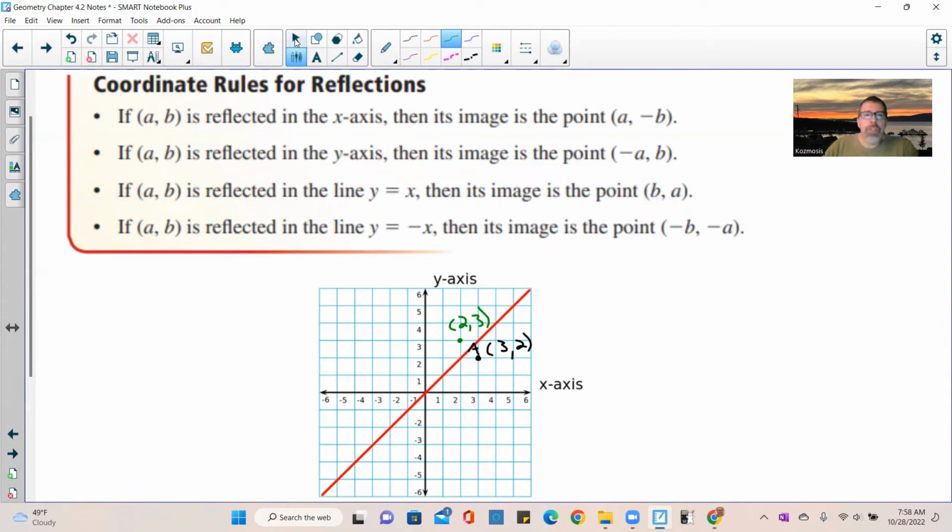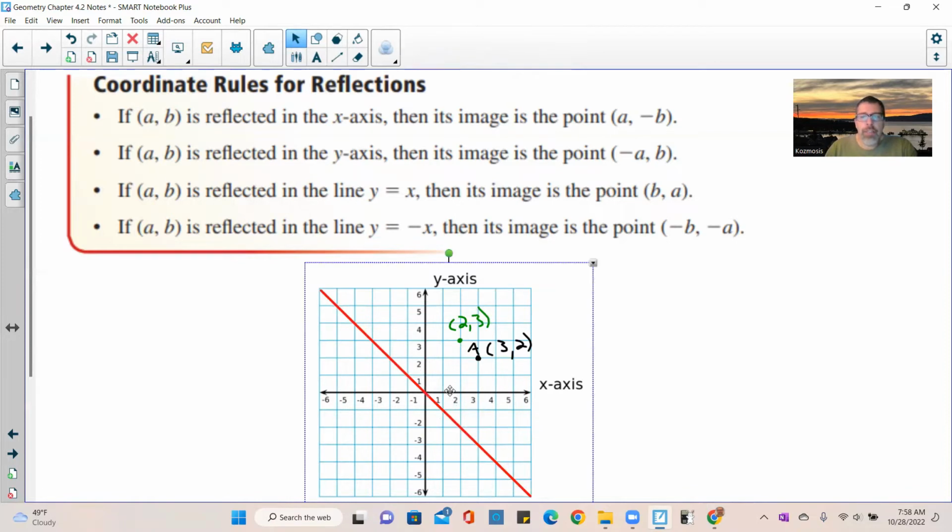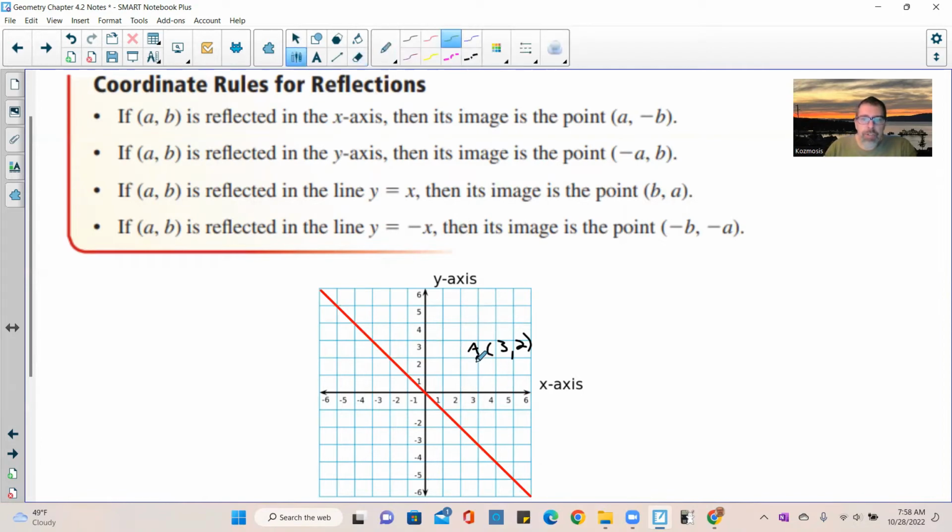So then the last one is if A,B is reflected in the line y equals negative x. Well, y equals negative x is the diagonal line that looks like this, a slope of -1 going through the origin. This is y equals negative x. Let me get rid of this. A is still 3, 2. So I'd have to go diagonal 1, 2 and a half, 1/2, 1, 2. That would put A prime right here, which is the point -2, comma -3.